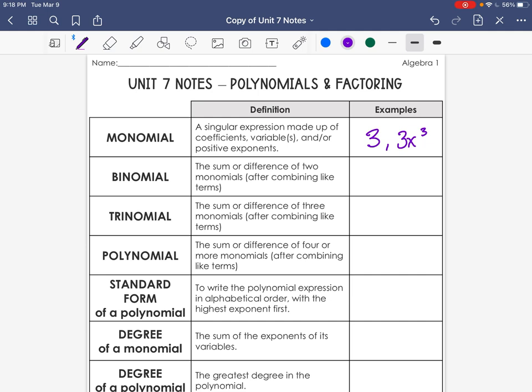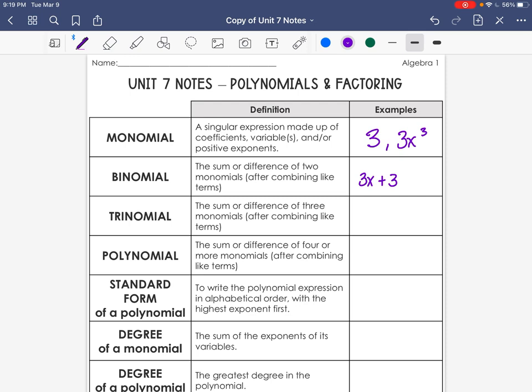A binomial is the sum or difference of two monomials after combining like terms. So this would end up being something like 3x plus 3, or 3x to the third plus 3, or 3x minus 3. A trinomial is the sum or difference of three monomials after combining like terms.